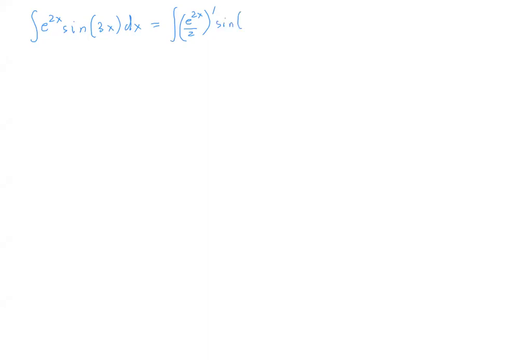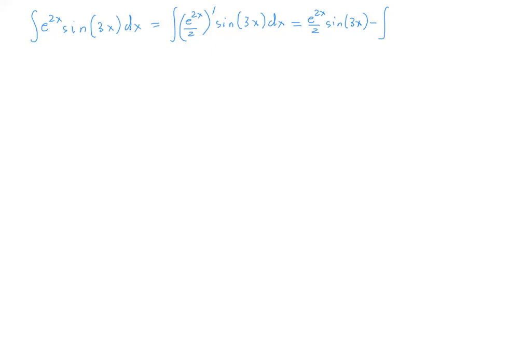So we get our integration by parts engine started, and this will be e to the 2x over 2 sine of 3x. And now take the derivative onto sine of 3x. What is the derivative of sine of 3x? Let's think. Chain rule. Think of 3x as y. We have sine of y. The derivative of sine of y is cosine of y, and you need to multiply by the derivative of what you designate as y, which is 3x. The derivative of 3x is 3.